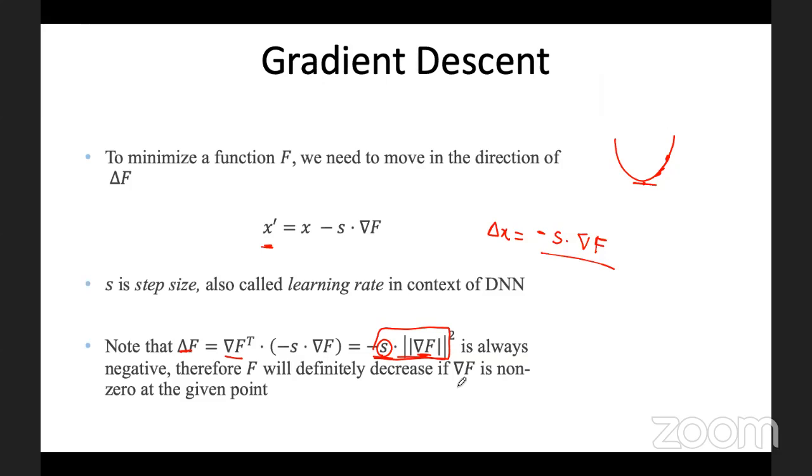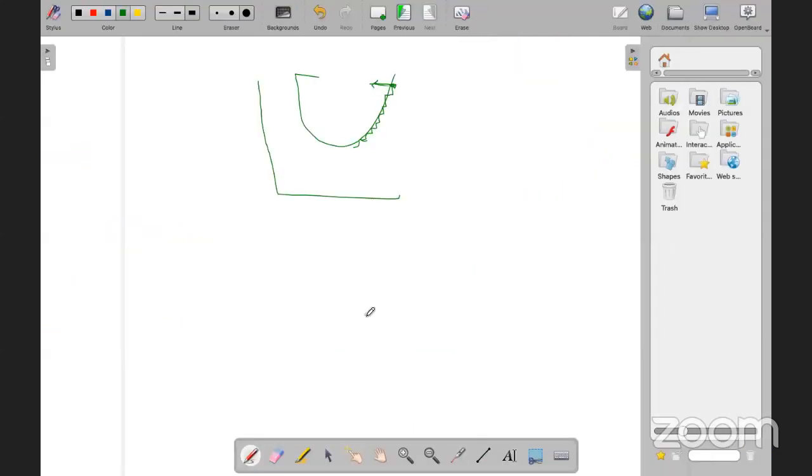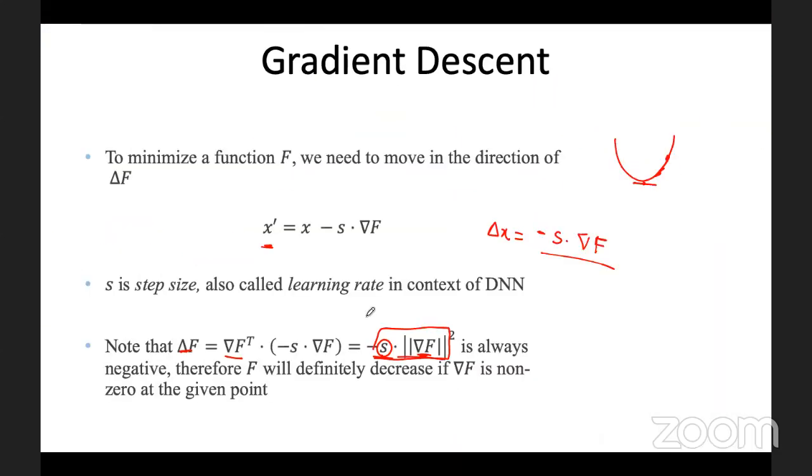But this is the basic idea and the mathematics of gradient descent. If there's any question till now, you can ask. I'll wait for 20 seconds. Okay, cool. Okay, go ahead.